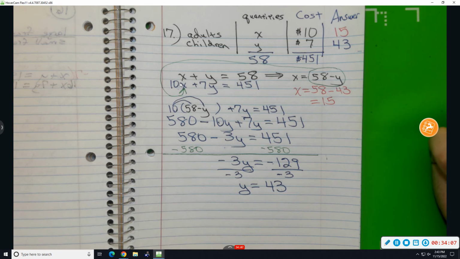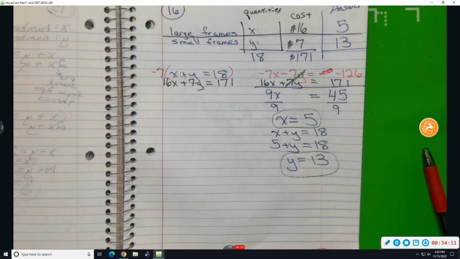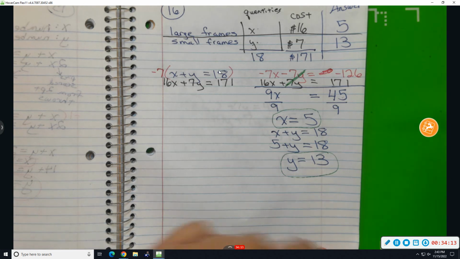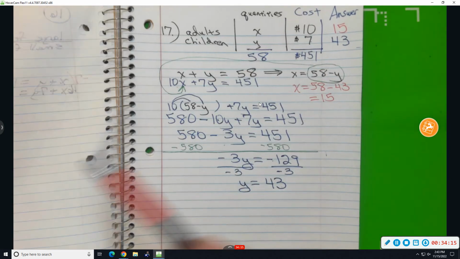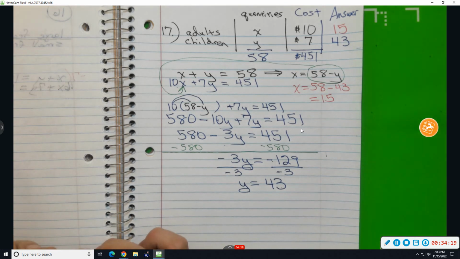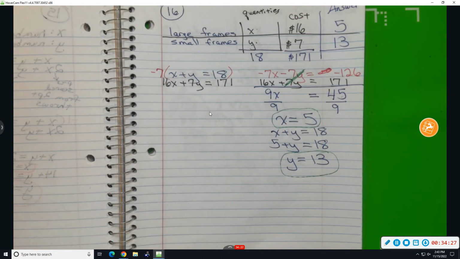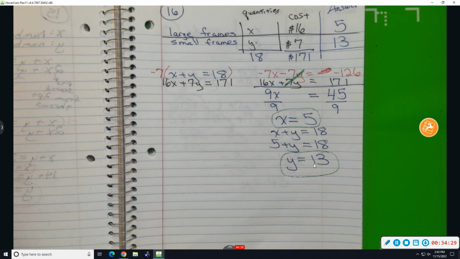Or you could have done like the previous problem, where I think it was multiplied through by negative 7. This makes a point of why I think we prefer elimination, you and I, Tim. What looks cleaner? This or that? I think I like the elimination better. But it's good to see both today.